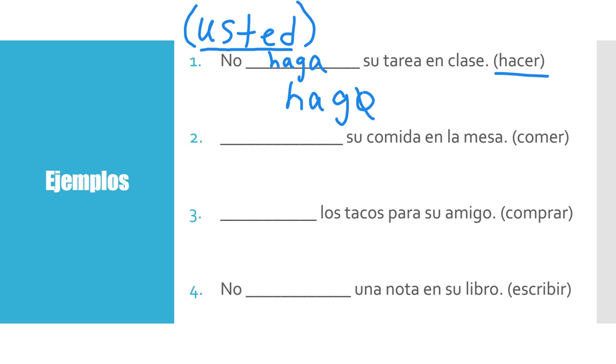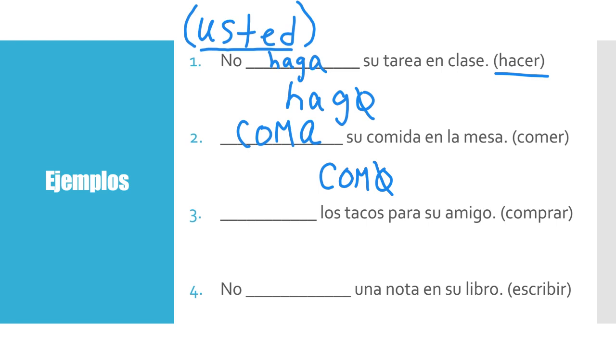So eat your food at the table. Maybe you have that rule at your house or used to have that rule at your house. So first step, we take comer to the yo form of the present tense, como. We get rid of the o, and then we add our opposite ending. Since it was an ER verb, we add an a. So coma su comida en la mesa. Eat your food, you eat your food at the table.